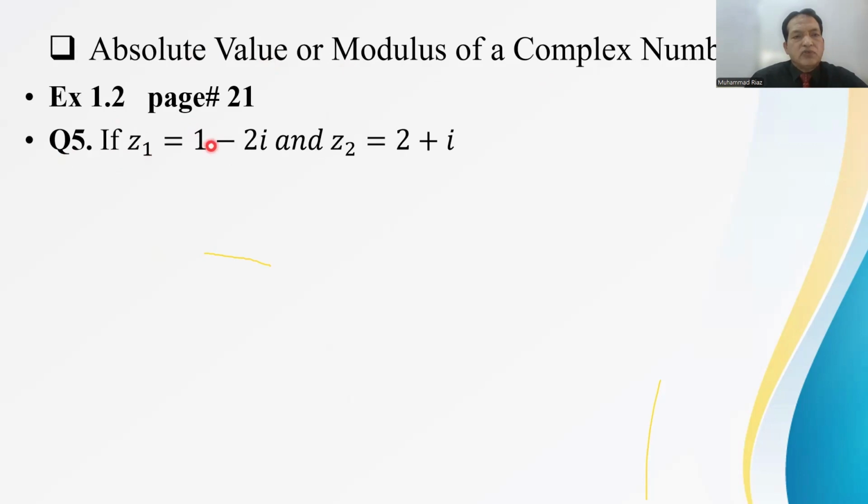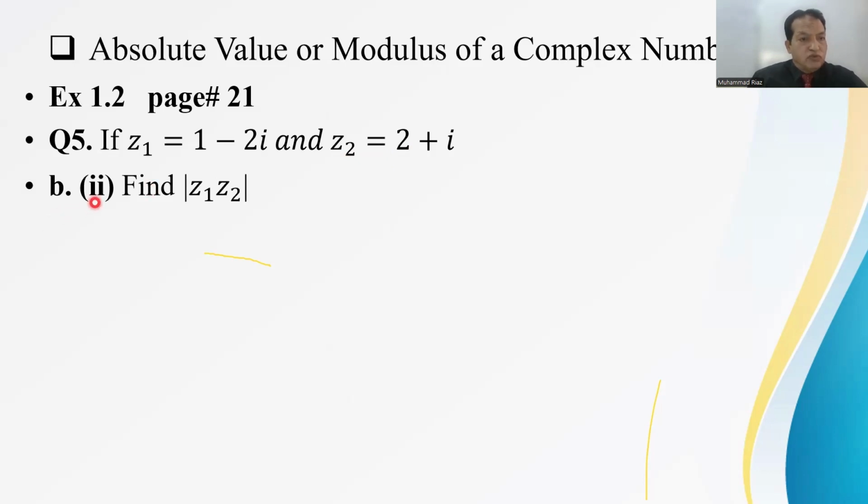Z1 is equal to 1 minus 2 iota, the first complex number. In question number 5, exercise 1.2, page number 21, the second complex number Z2 is equal to 2 plus iota.